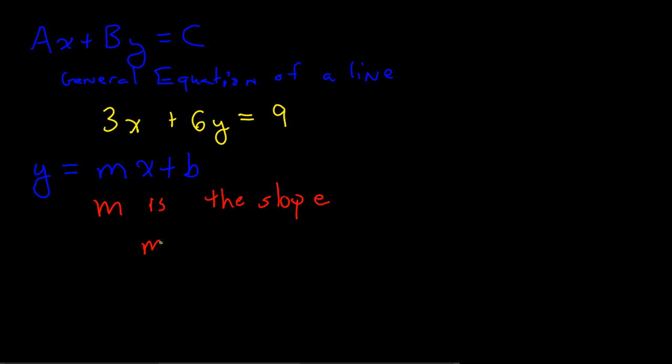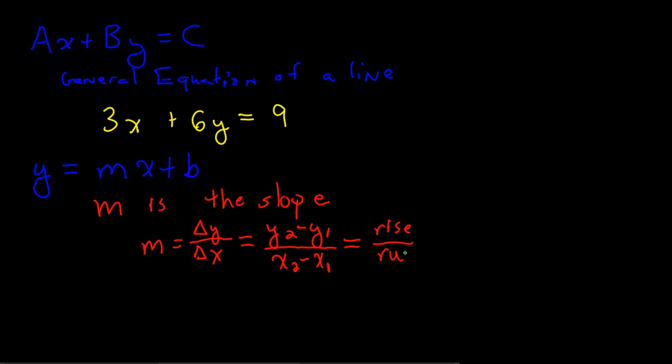We write it as how the equation is changing in the y direction divided by how it's changing in the x direction, or the difference in two point values in y and in x. If we want to think of words, it's how it's rising over how it's running.